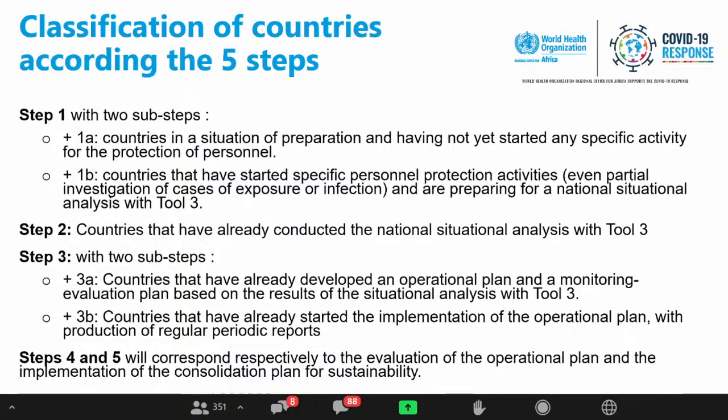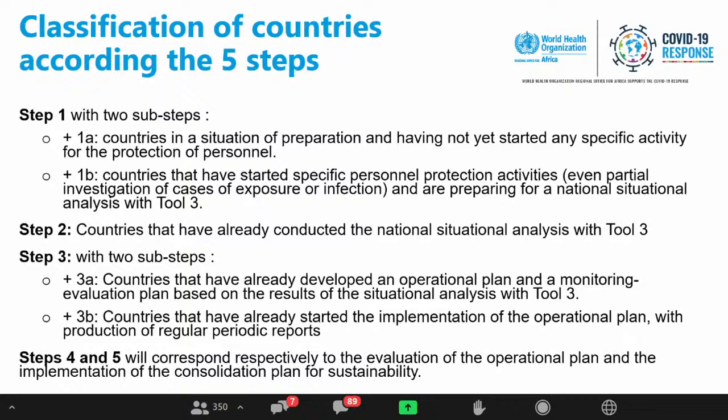It is very easy to control because the source of verification is the result of the situational analysis with tool 3. So it's very easy to classify countries in step 2.